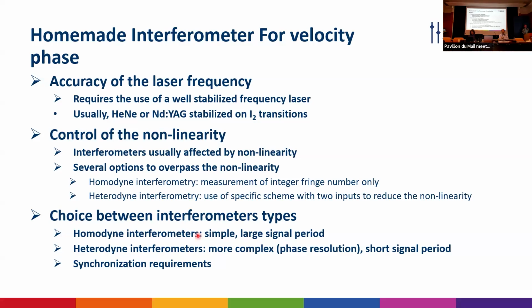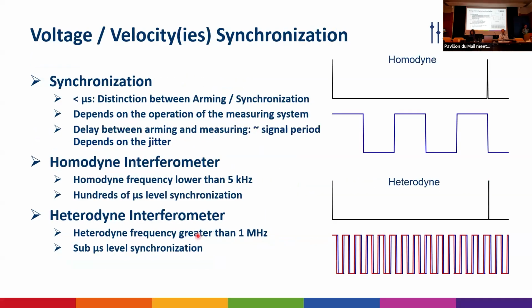And if you have to choose between the types of interferometers, to be honest, I'm not able to say which one is the best, but at least it must be well suited for your experiment. Typically, heterodyne interferometers are a little bit more complex to implement, but have one advantage in terms of synchronization requirements, and it is what we are going to see immediately.